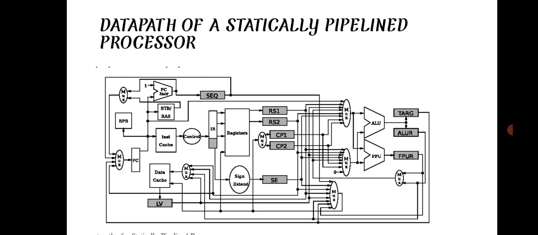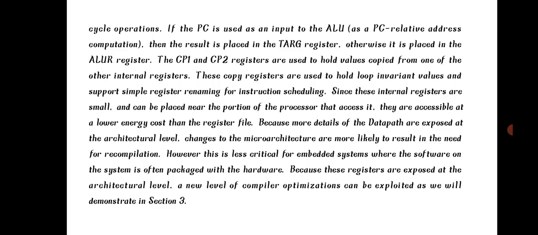Data path of the statically pipelined processor. Cycle operation. If the PC is used as an input in the ALU, then the result is placed in the SEQ register. Otherwise, it is placed in the ALU register. In the CP1 and CP2, registers are used to hold values copied from one of the other internal registers.